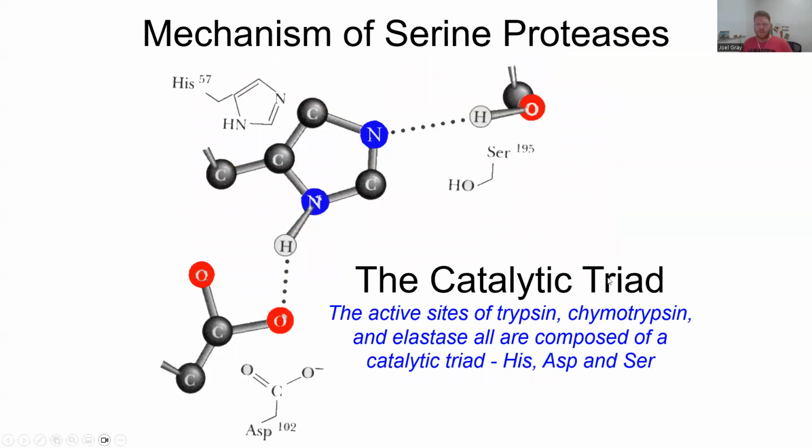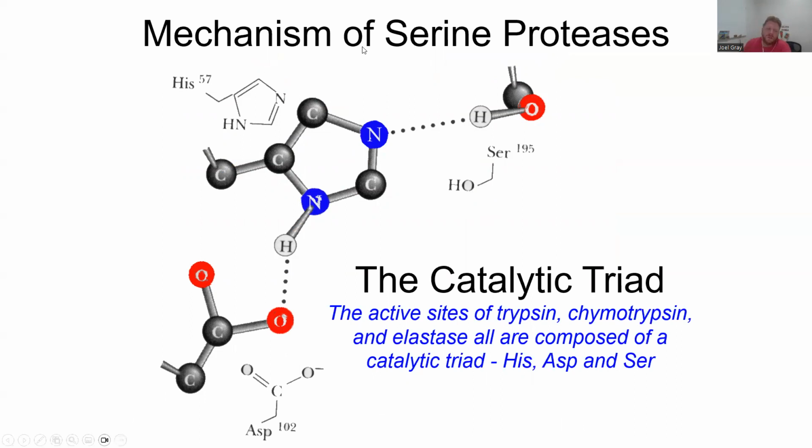So now back to the amino acids that make up the active site of our enzyme. There's a total of 3 amino acids, a histidine, an aspartate, and a serine residue that make up what's known as a catalytic triad.